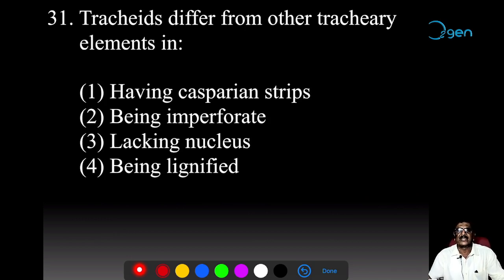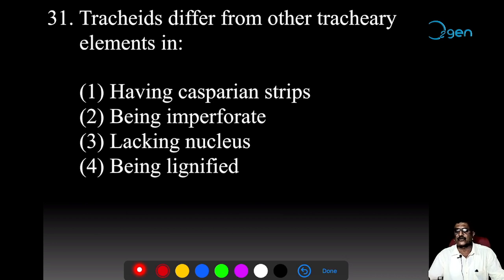Next, tracheids differ from other tracheary elements in... The tracheids are the elements of the xylem. How can they be differentiated? Having Casparian stripes?